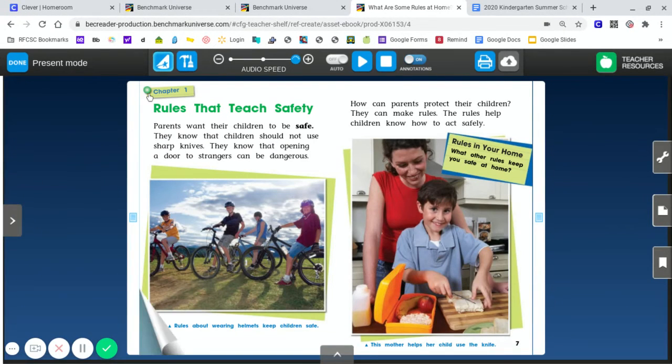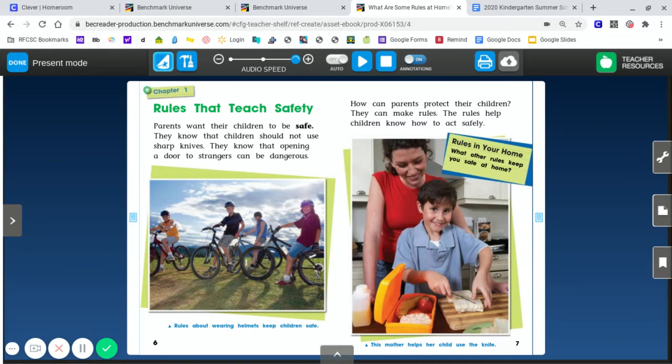All right, chapter 1, rules that teach safety. Parents want their children to be safe. They know that children should not use sharp knives. They know that opening a door to strangers can be dangerous. How can parents protect their children?